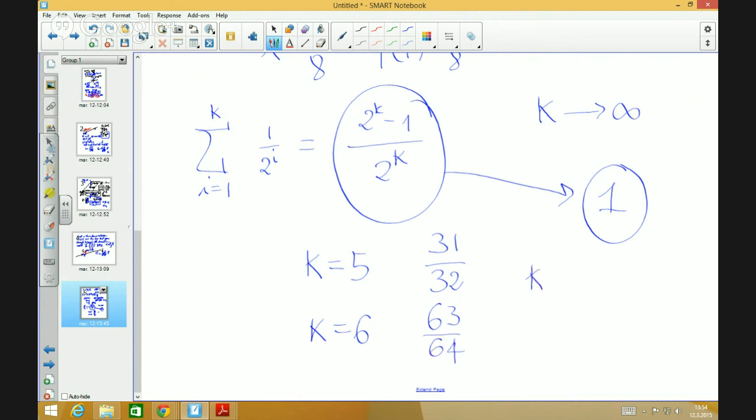If k is equal to 7, you're going to get 127/128. And you keep going. This thing is going to get very, very close to 1 very soon. And of course, it can never go above 1 because this is smaller than this.